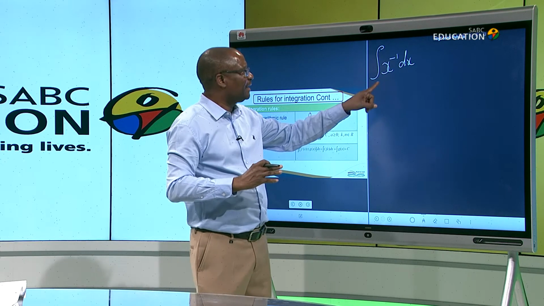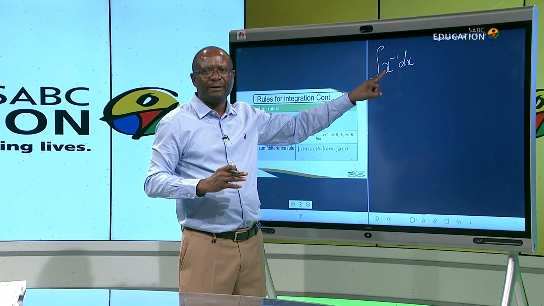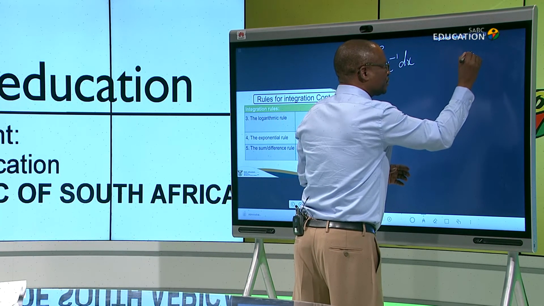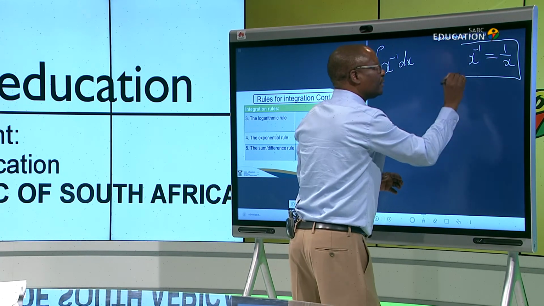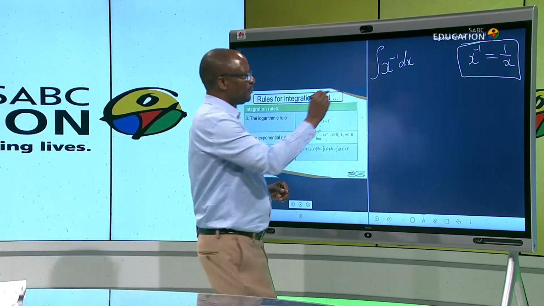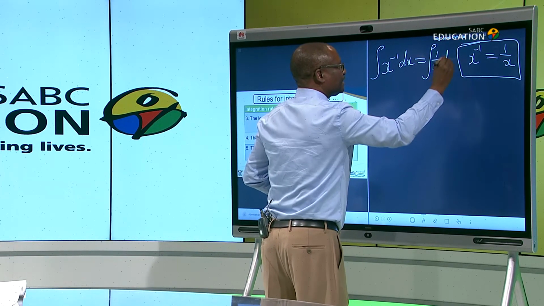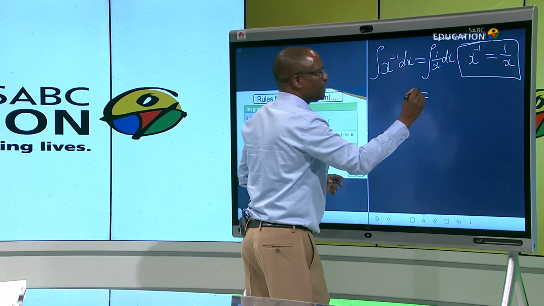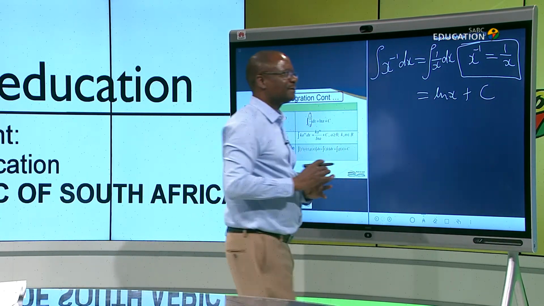Firstly, check whether you are able to change x to the exponent of -1 into 1 over x by applying the laws of exponents. Yes, in this case we can. It means this can be written as the integral of 1 over x dx. Then that rule applies: the integral of 1 over x is equal to ln x plus c.